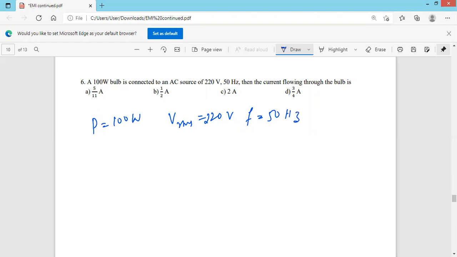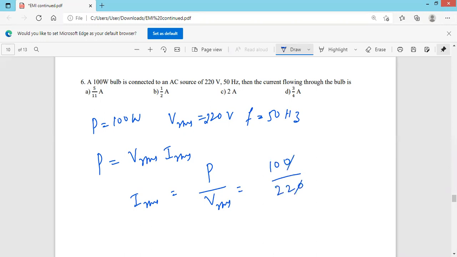Then the current flowing through the bulb: you know that the power is equal to V RMS into I RMS. I RMS is equal to power by V RMS, 100 divided by 220. Zero, zero cancel.